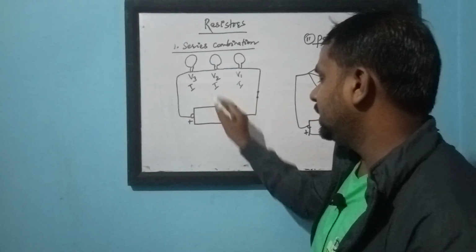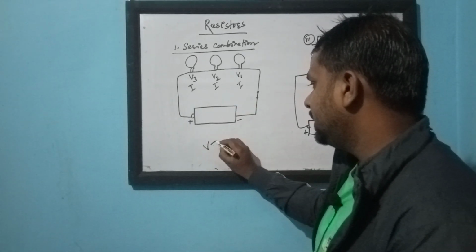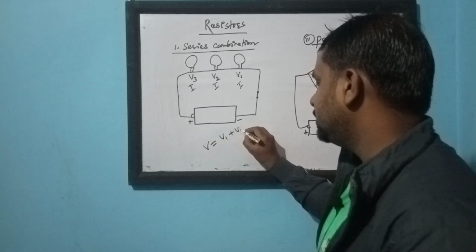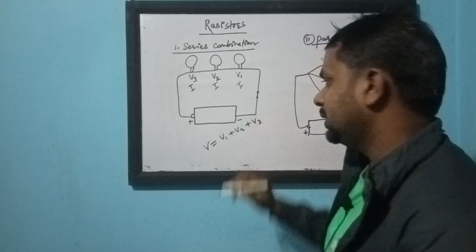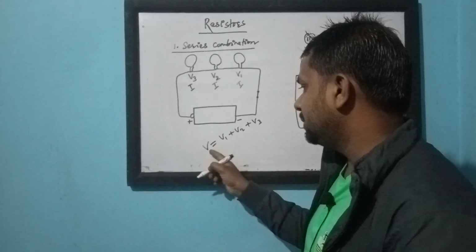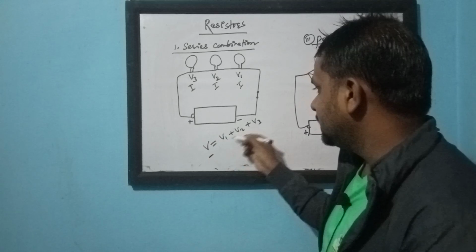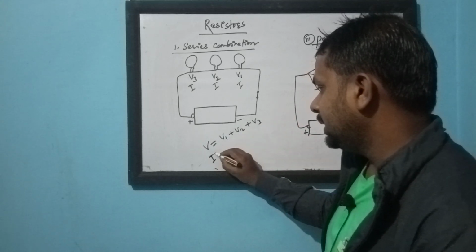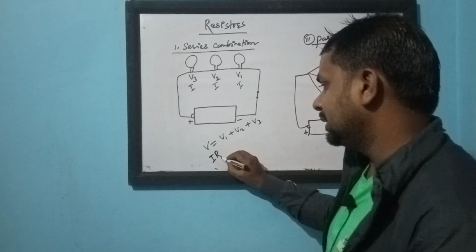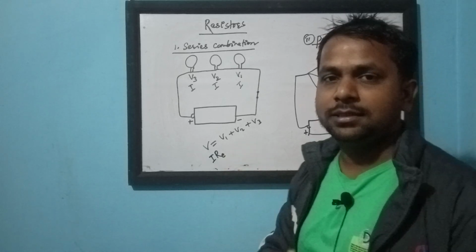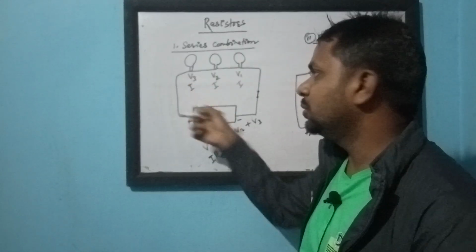Here we can write V is equal to V1 plus V2 plus V3, and we know that V is equal to IR, and I is constant for all, so IR, and this R indicates equivalent resistance, the resistance of the whole circuit.